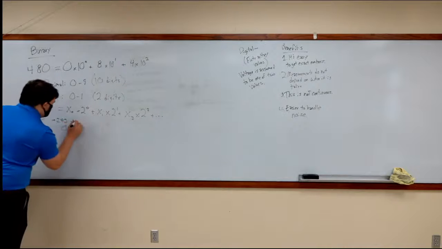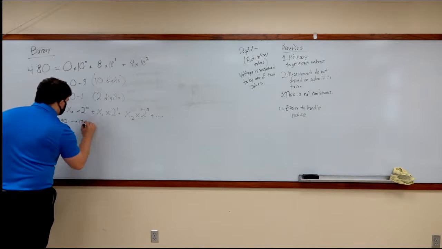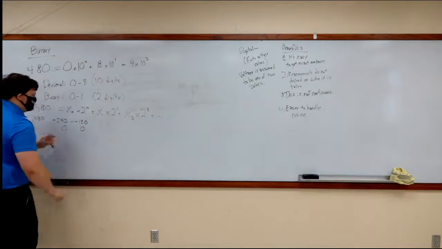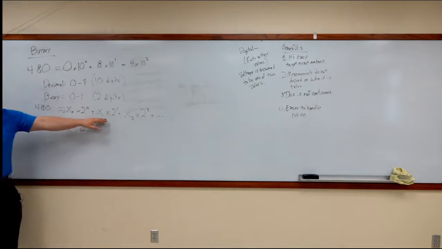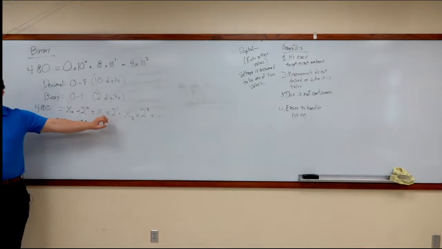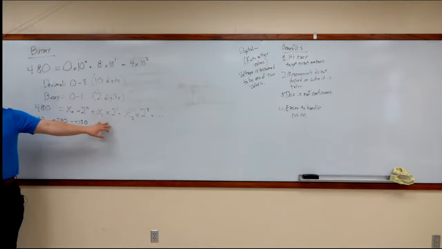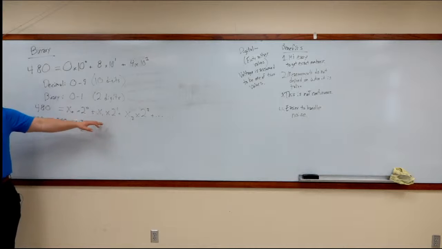We then take 240 divided by 2 again. We get 120. Remainder here is 0, because 240 nicely divides by 2. The implications of that are that 480 is divisible by 4, which means we do not have a 2 to the, no, yeah, it is divisible by 2, which means we don't have a remainder in this area.